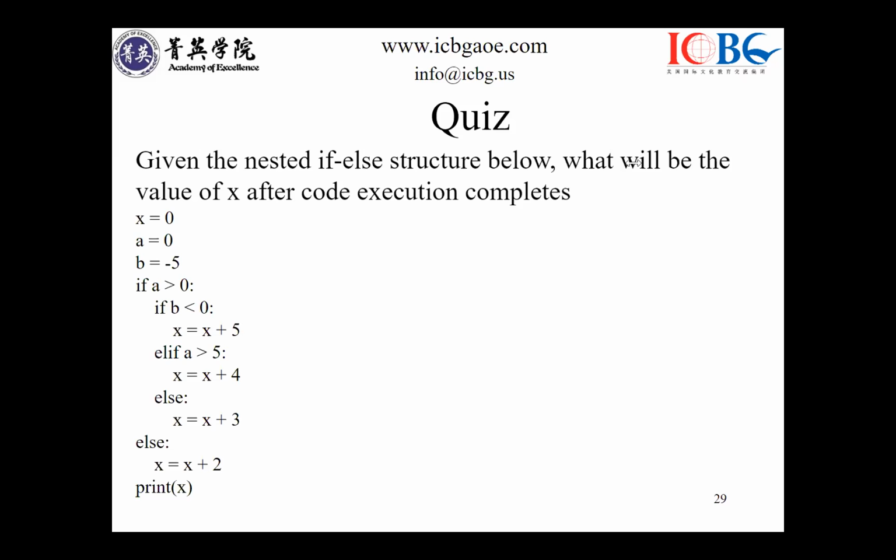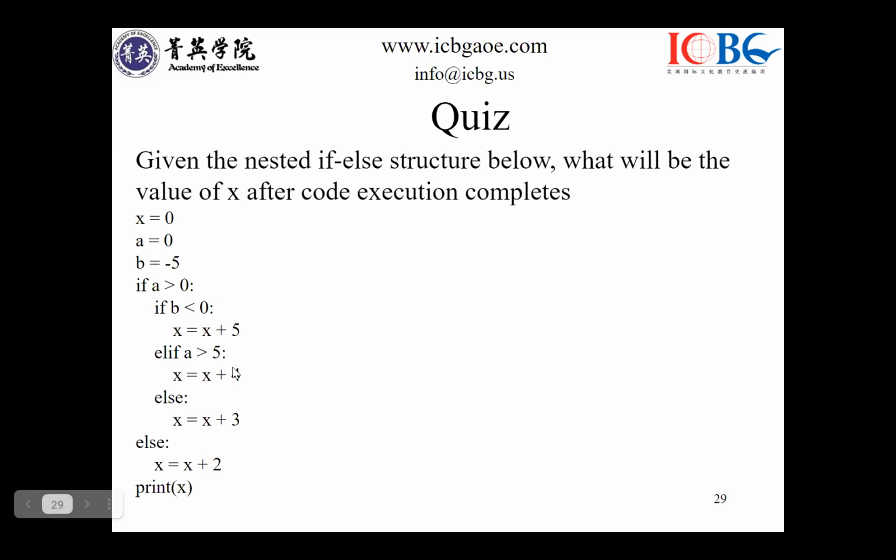Does that mean if they're both true? Yes, so this is nested inside this. If A is greater than 0, then it looks at all the stuff on the inside, and then checks if B is less than 0. So basically and. Yeah, essentially.